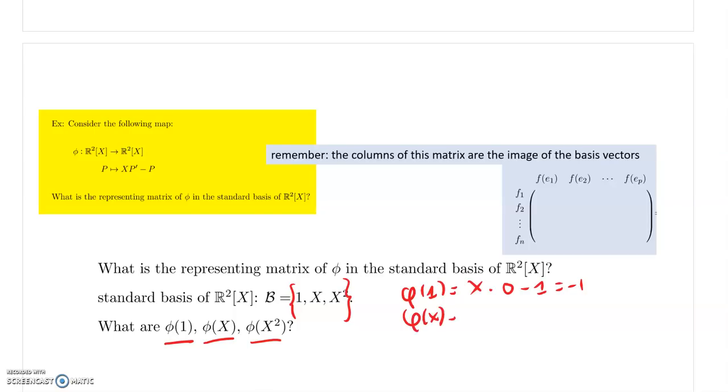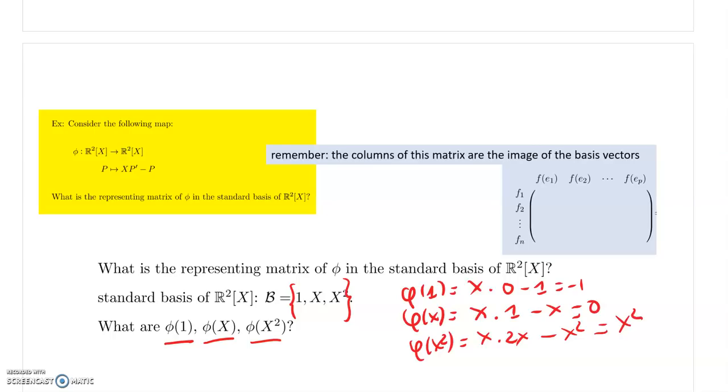Phi of x is equal to x times p prime, which is 1, minus x. So actually it's going to be the 0 polynomial. And phi of x squared is going to be x times 2x, which is the derivative of x squared, minus x squared. So 2x squared minus x squared is just x squared.